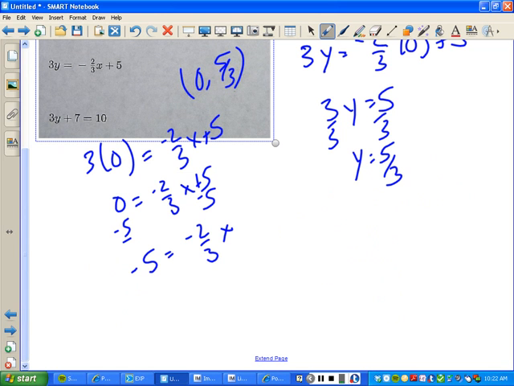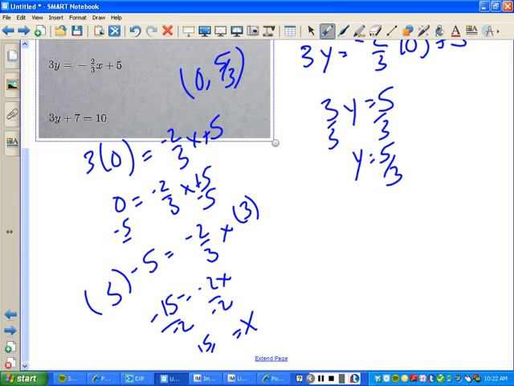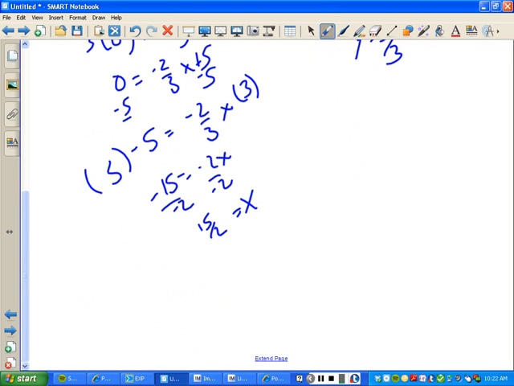I'm going to do this in 2 steps. You could multiply by 3/2 and be done. I'm going to multiply by 3 to clear the fraction. Negative 15 equals negative 2x. Divide by negative 2, divide by negative 2. X is equal to 15/2.